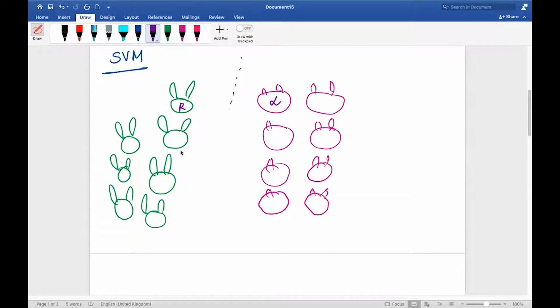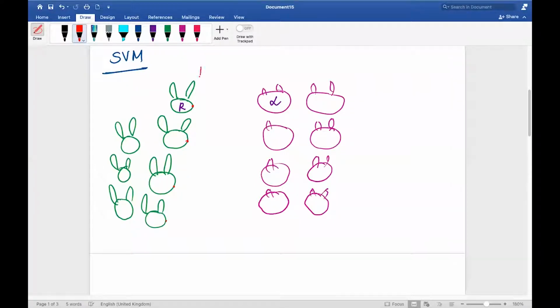Do you understand this? Now I'll tell you how it works in the SVM way. You see, in between the lion group and your rabbit group, these are the nearest points, the boundary points.